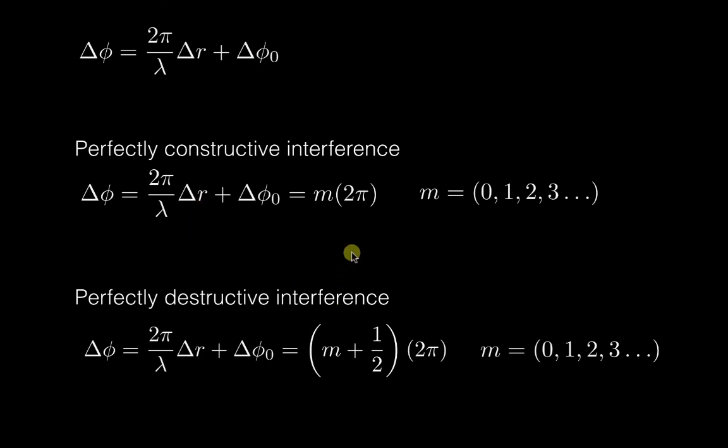And so once again, we're going to get perfectly constructive interference when the contribution from the path length and the contribution from the initial phase are some multiple of 2 pi. And similarly, we're going to get perfectly destructive interference when the path length contribution and the initial phase contribution are some odd multiple of pi.